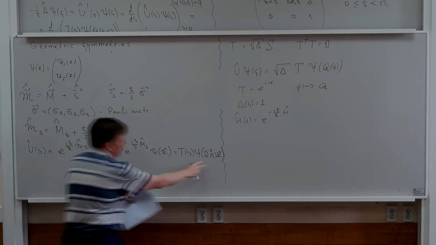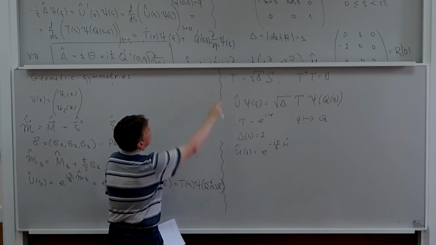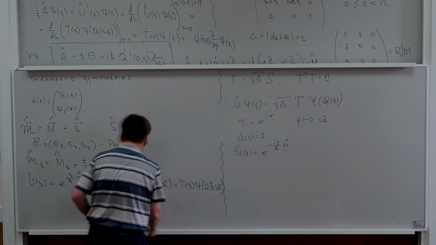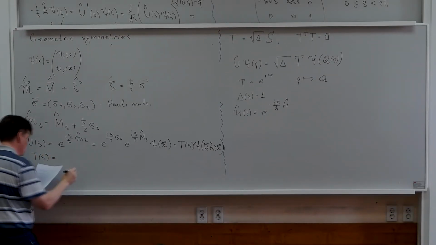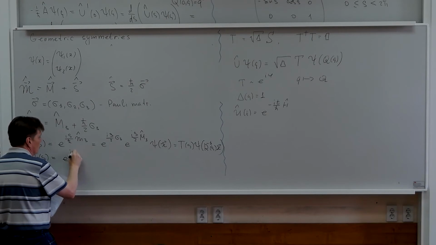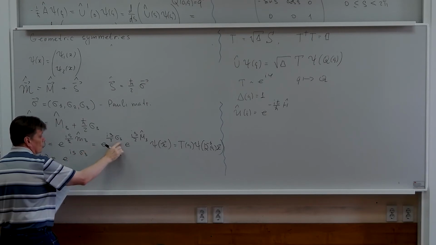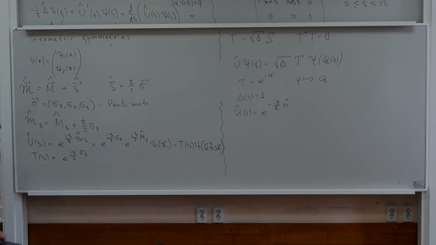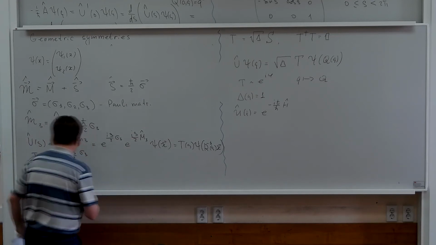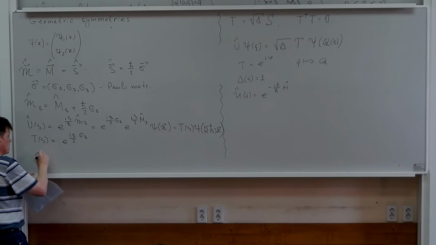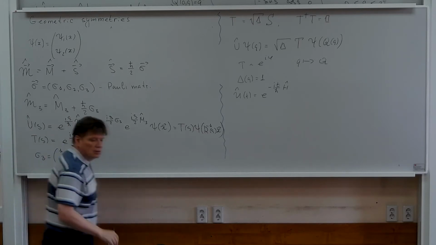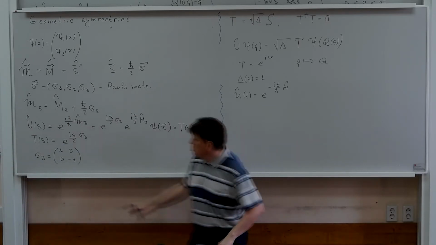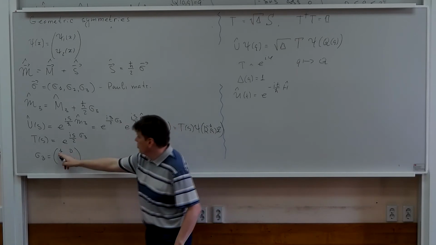So here, matrix R is given by the expression above, and our T of s is just the exponential of the third Pauli matrix. But since the third Pauli matrix is diagonal in this representation, 1 and minus 1, we can easily exponentiate it, just exponentiating each eigenvalue 1 and minus 1.